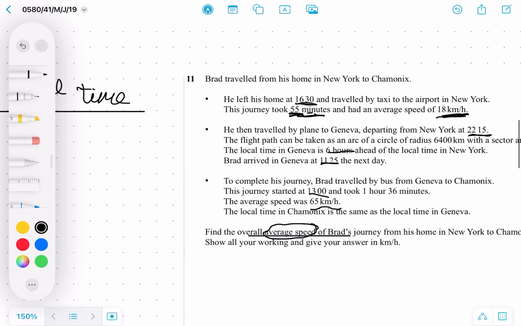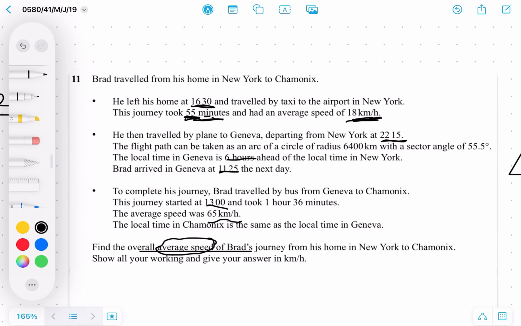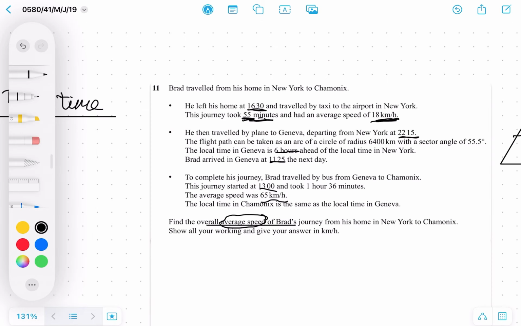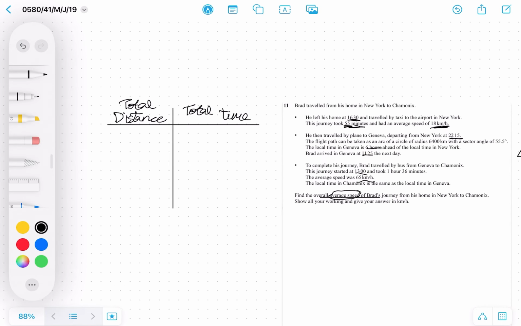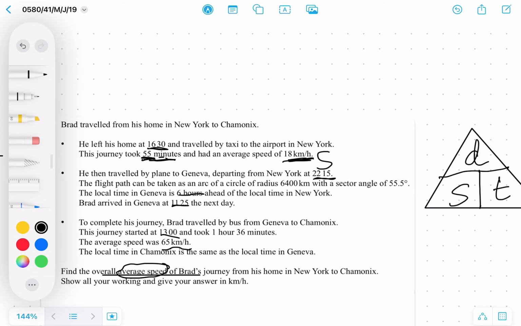So in the first statement, we see that the journey took 55 minutes and had an average speed of 18 kilometers per hour. So therefore, for the distance traveled, we've got the speed here and the time here.